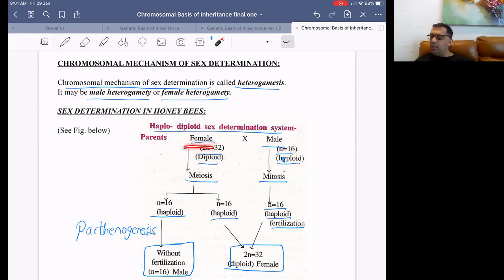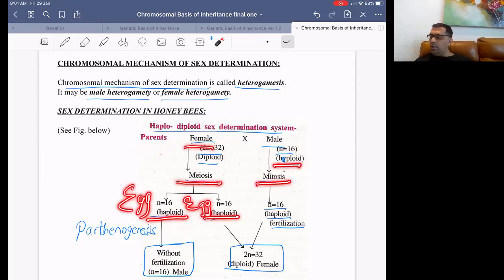Females undergo meiosis to form n=16 eggs, and eggs are haploid. Males, who are already haploid, undergo mitosis to form n=16 sperms.